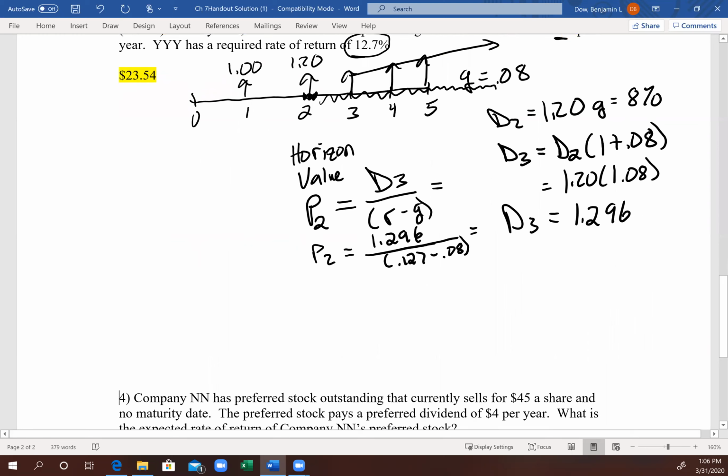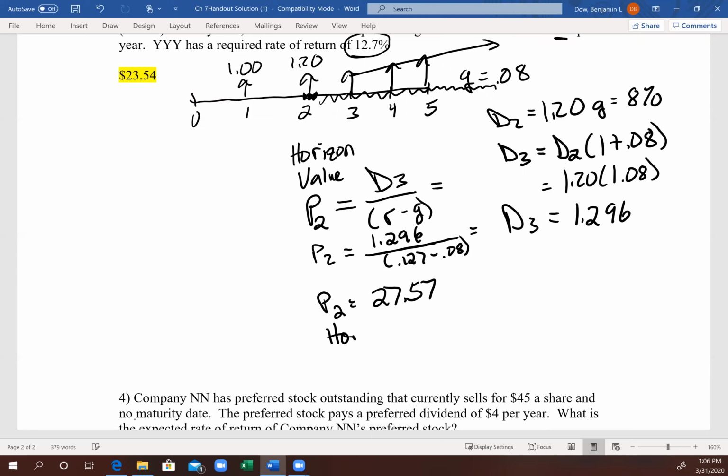So if we take that, we're going to get 27.57. Now, don't get all excited. That is not the answer. That is the horizon value.